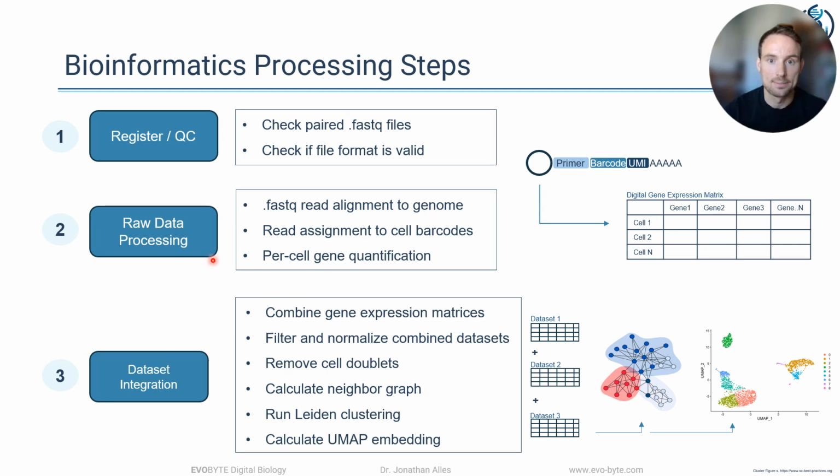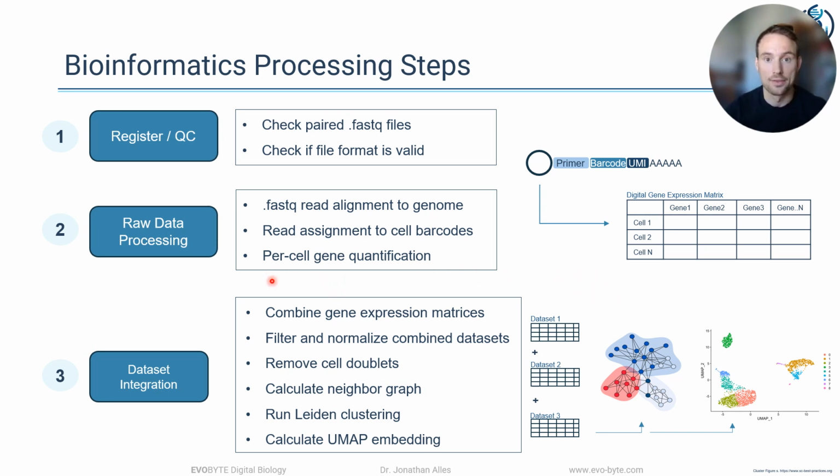And if this step has been successful, we automatically trigger the third step, and this is basically the dataset integration. And during this integration step, we first load all the digital gene expression matrices that we collected throughout our workflow.